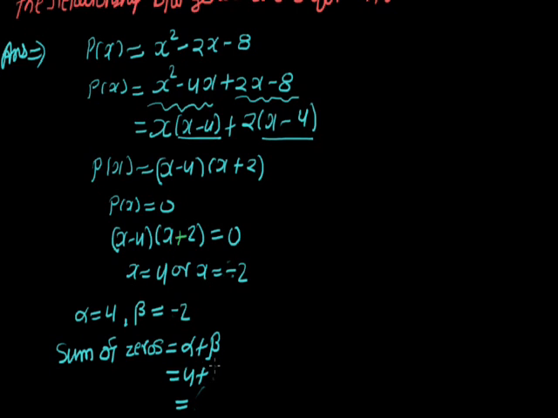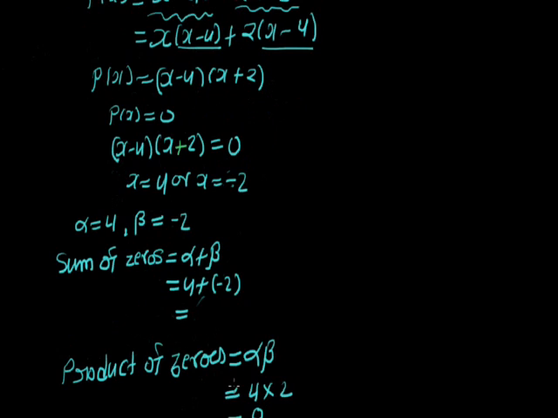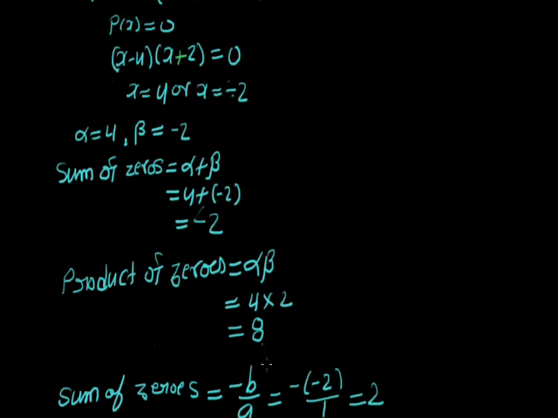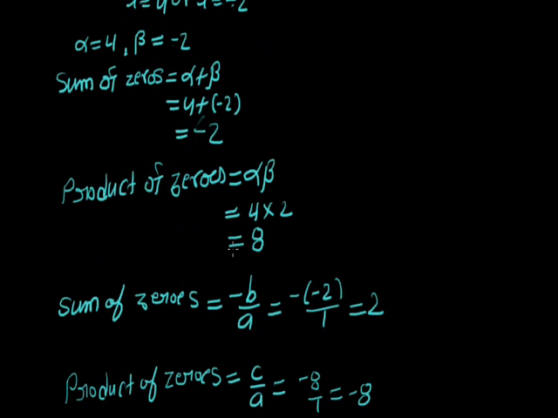Here alpha plus beta, the value of beta is equal to minus 2, so 4 minus 2 comes out to be 2. And the product of the zeros, alpha into beta, since the value of beta is minus 2, is 4 into minus 2, that is equal to minus 8.